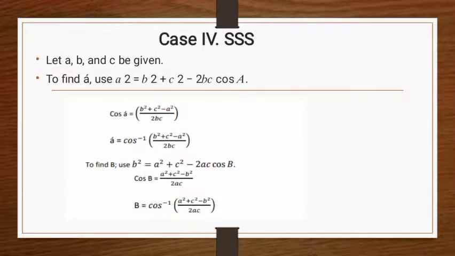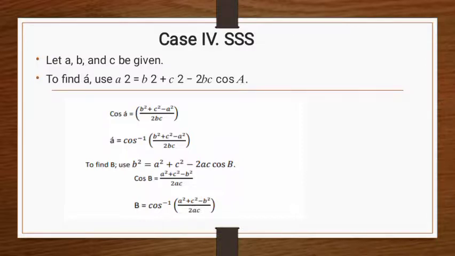Case number 4. Side, side, side. Let A, B, and C be given. To find A, use A squared equals B squared plus C squared minus 2BC cos A. Here is the solution. Cos A equals B squared plus C squared minus A squared divided by 2BC.